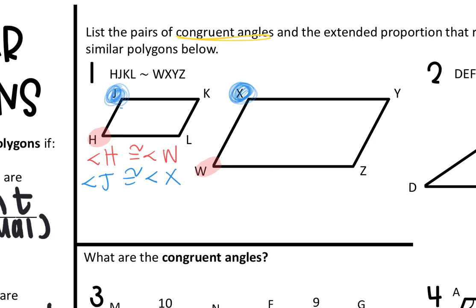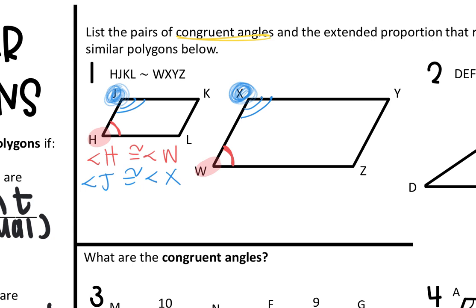And then J and X are going to have 2 arcs because those are corresponding. They're similar, and they have congruent measures. What I forgot to do for H and W is I'm going to do 1 arc, okay? Just to distinguish. H and W go together. They have the same measure. I don't know what that measure is, but they should have the same measure. J and X also have the same measure.